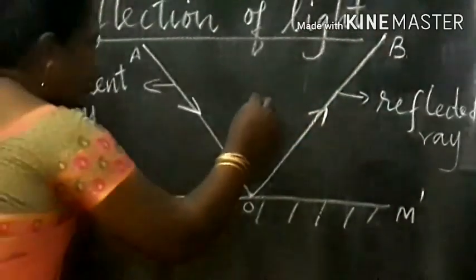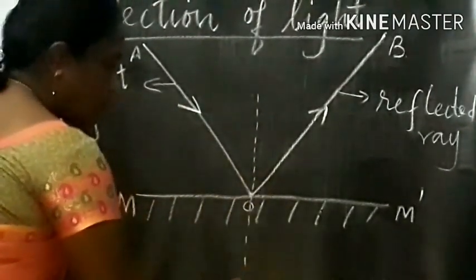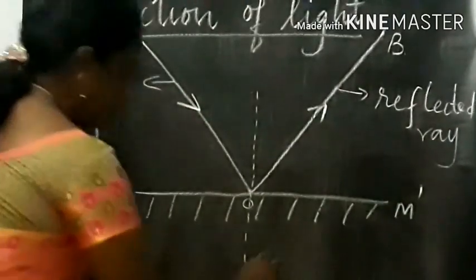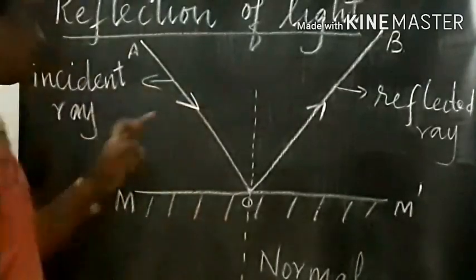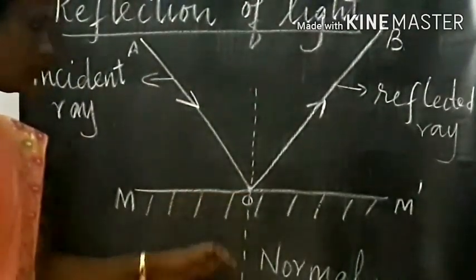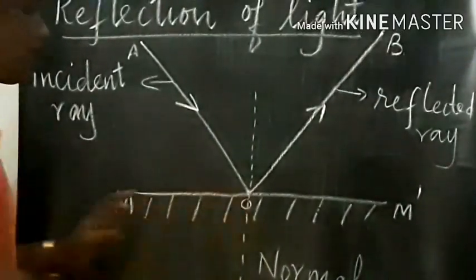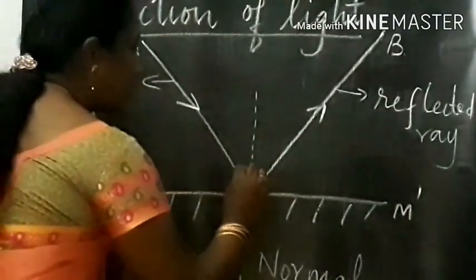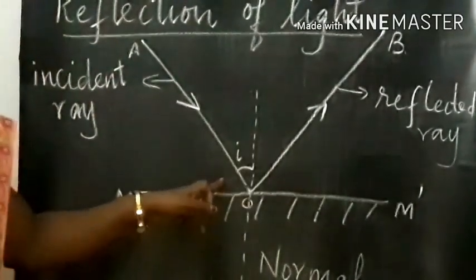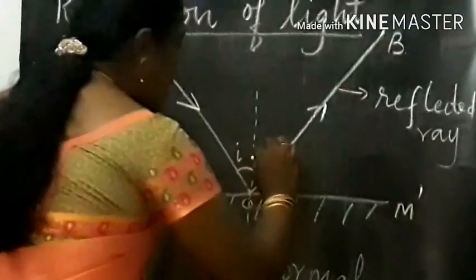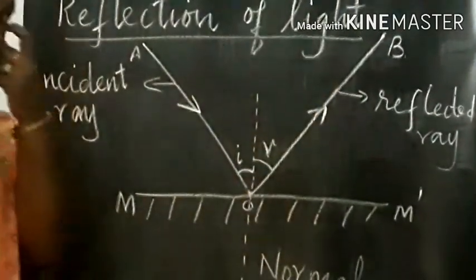The line drawn at the point O is called the normal, which forms an angle I with the incident ray and forms an angle R with the reflected ray.